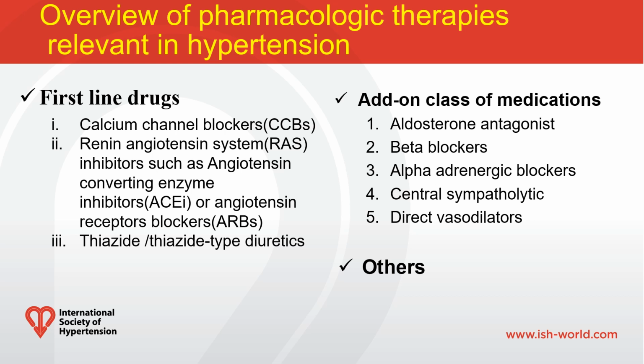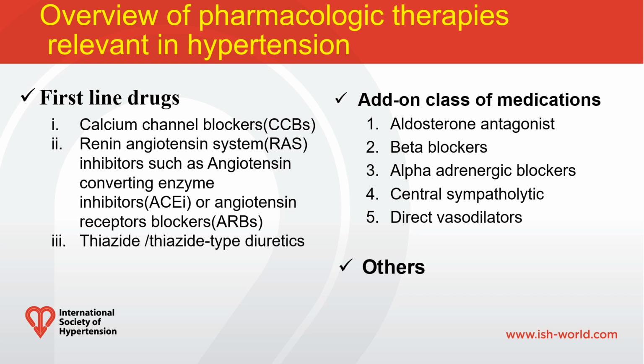The overview of pharmacologic therapies that are relevant in hypertension. We have the first line drugs. Under the first line drugs, we have the calcium channel blockers, the renin-angiotensin system inhibitors, and the thiazide and thiazide-type diuretics.